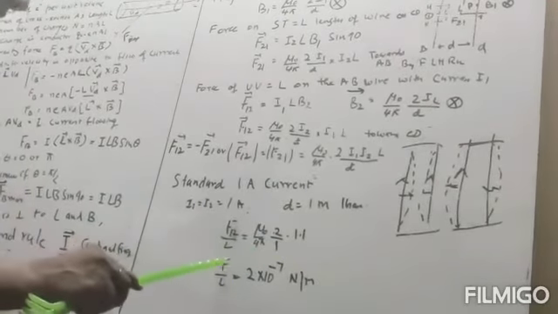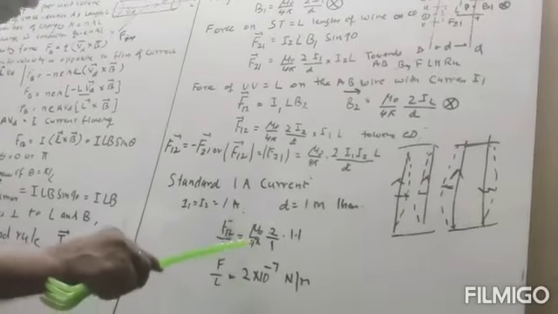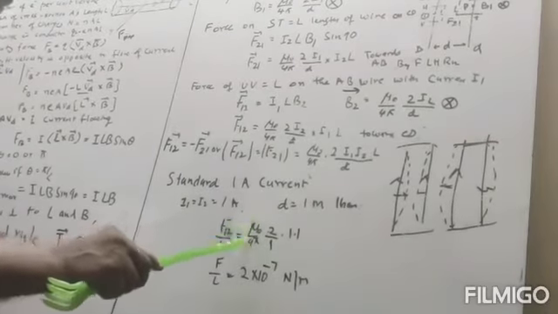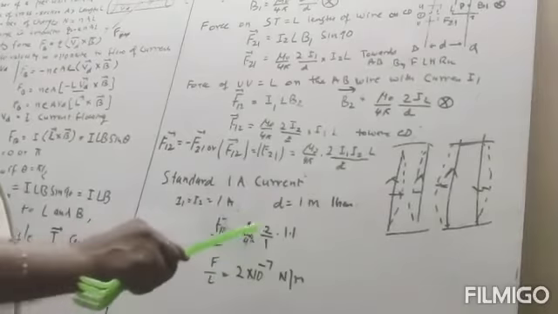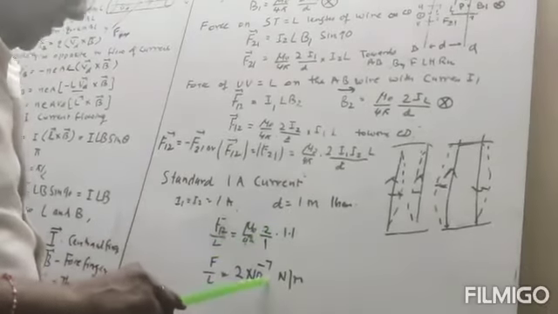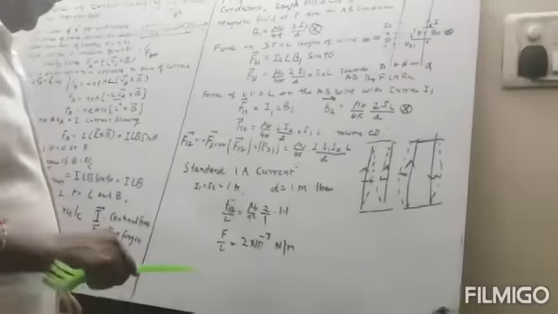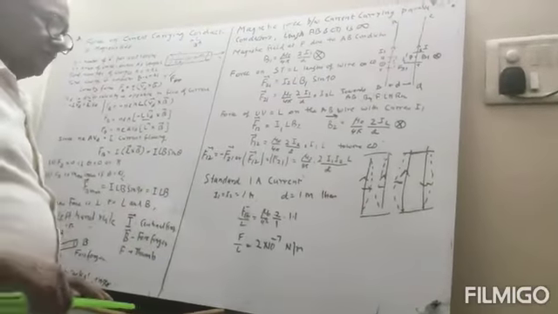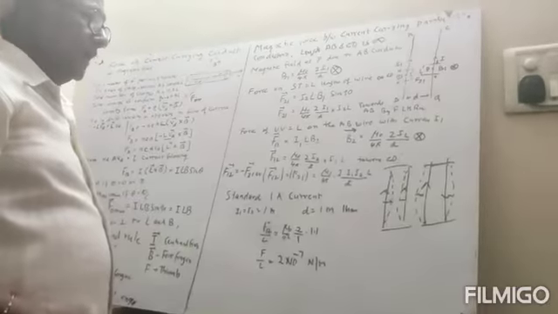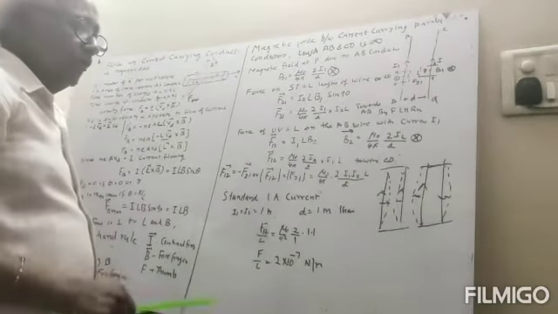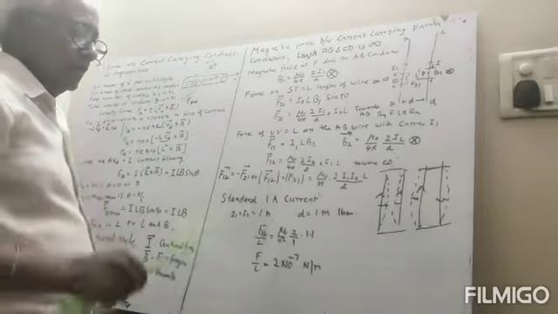So F by L will be equal to 2 into mu 0 by 4 pi, which is 10 raised to minus 7, so 2 into 10 raised to minus 7 Newton per meter.